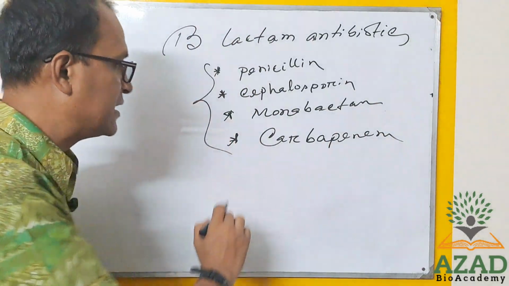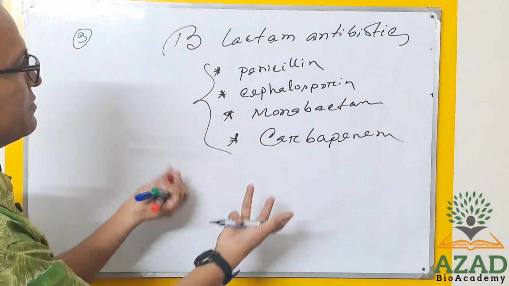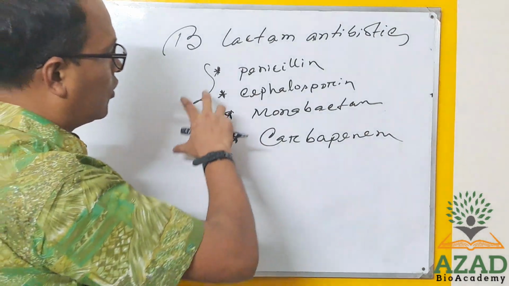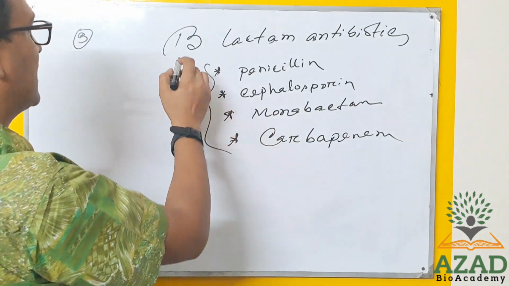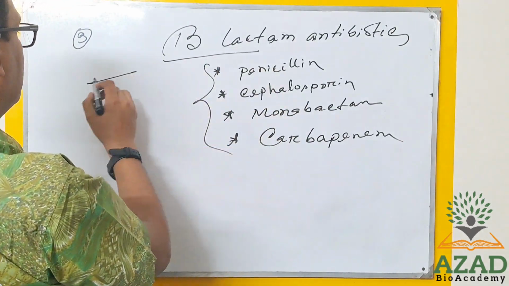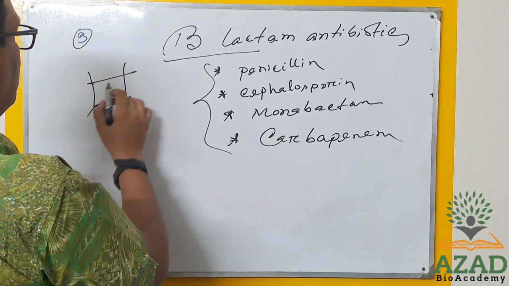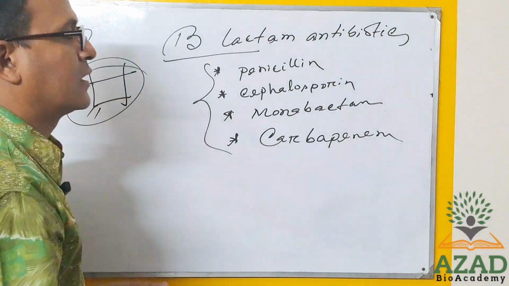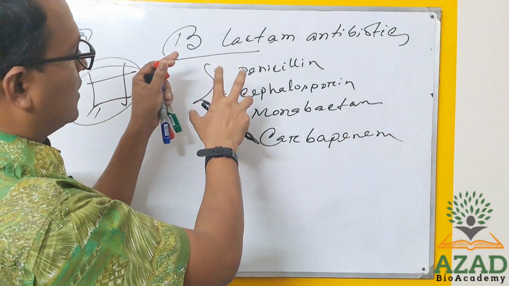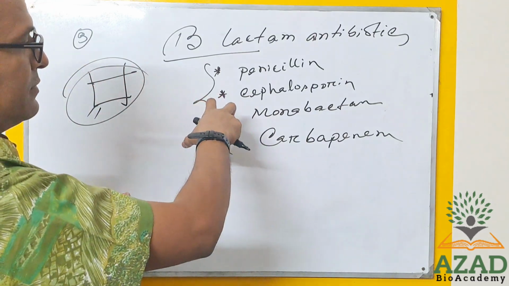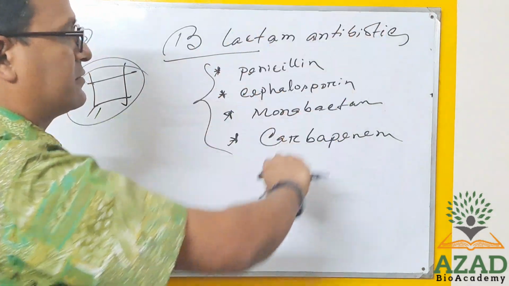Those are the beta-lactam antibiotics. Why are they called beta-lactam antibiotics? Because all these antibiotics carry the beta-lactam ring. For that structural reason, these are the beta-lactam antibiotics.